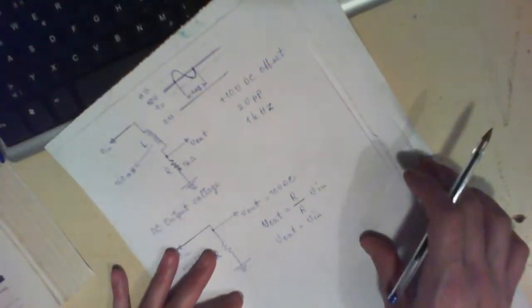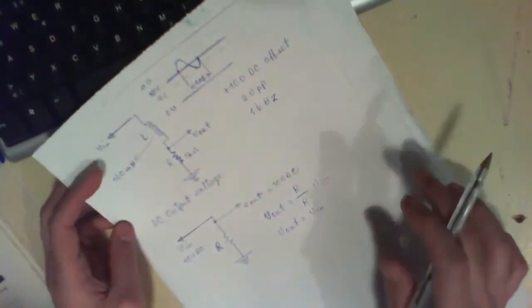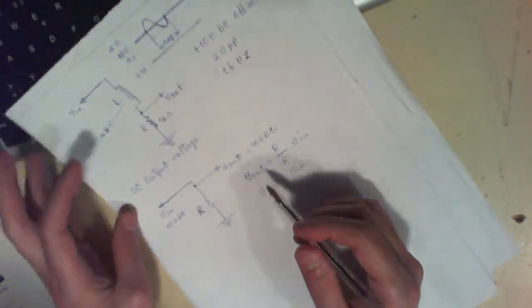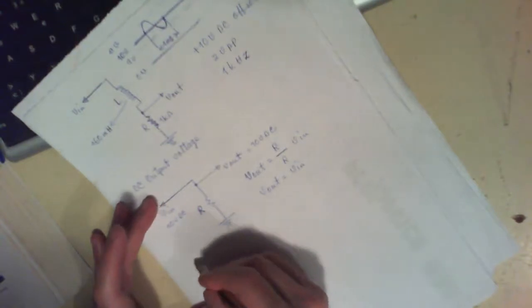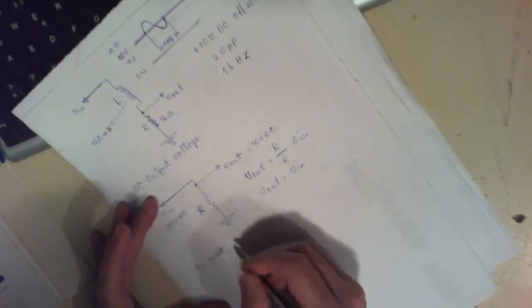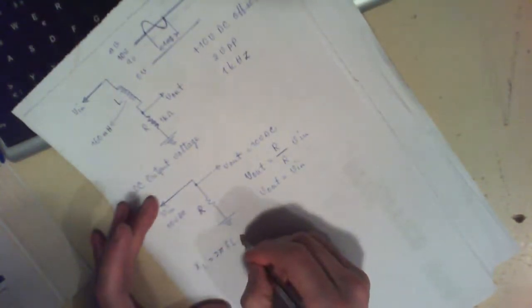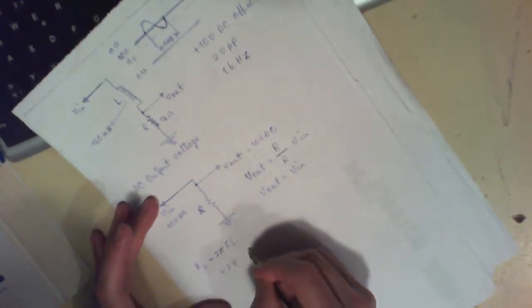Now in this circuit, if you want to find the reactance of the inductor, X of L is equal to 2 pi f L, which is 2 pi times the frequency.